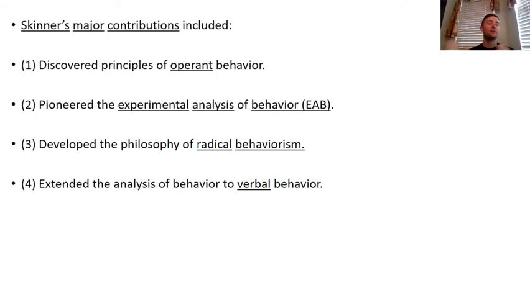Later in his career, through his radical behaviorism and a conceptual analysis of behavior, Skinner reinterpreted language and cognition by putting it within the framework of behavior analysis and applying principles of operant behavior to interpret language and cognition as behavior, and specifically verbal behavior.